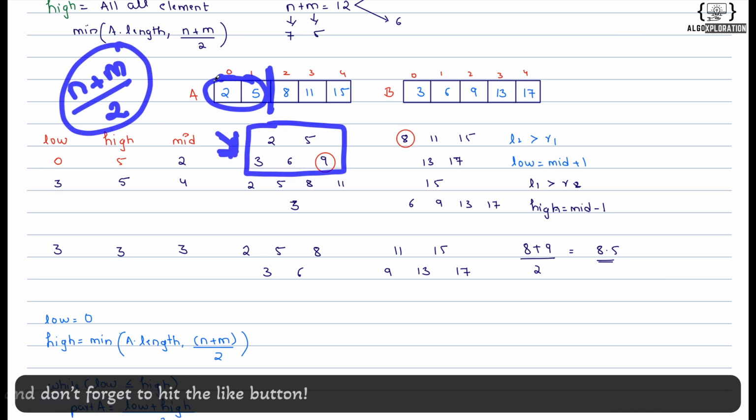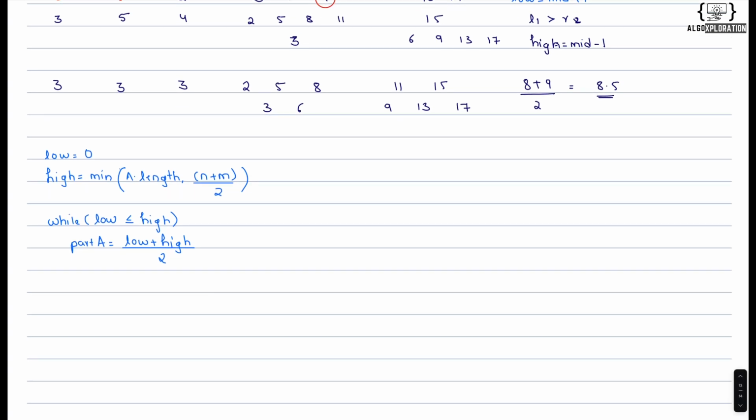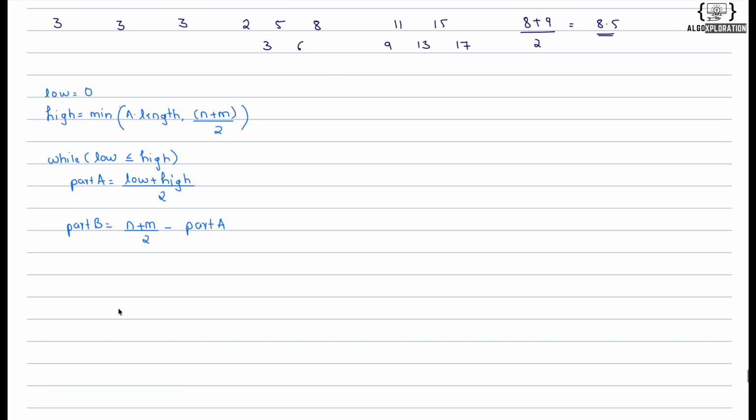Now if I'm taking these 2 elements from array A, I need to take the remaining elements from array B. So I need to have partition B, in which it will be (n plus m) whole divided by 2 minus the elements taken from array A, which is partition A. I believe you got how we are doing the partition in array B.